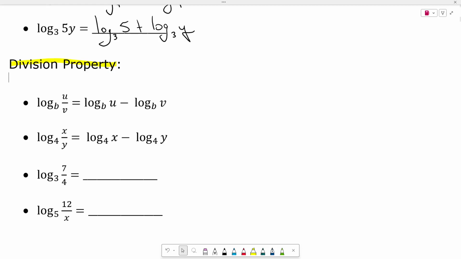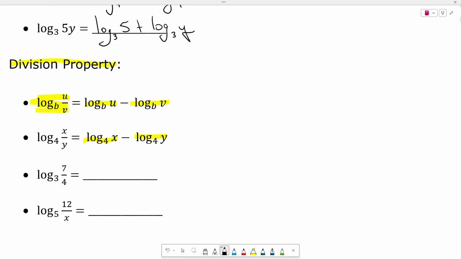Now our division property works real similar. Here's our division property. It says log base b of u divided by v is equal to log base b of u, the numerator, minus log base b of v, the denominator. Here we got log base 4 of x minus log base 4 of y.